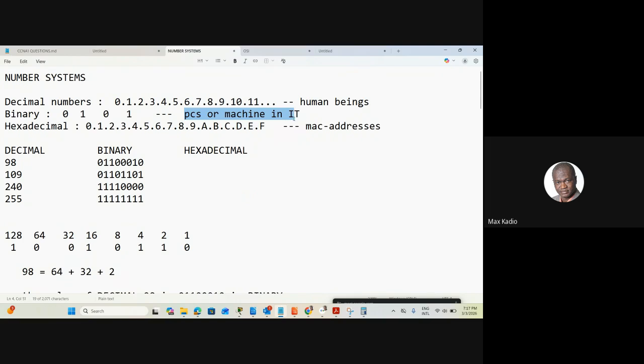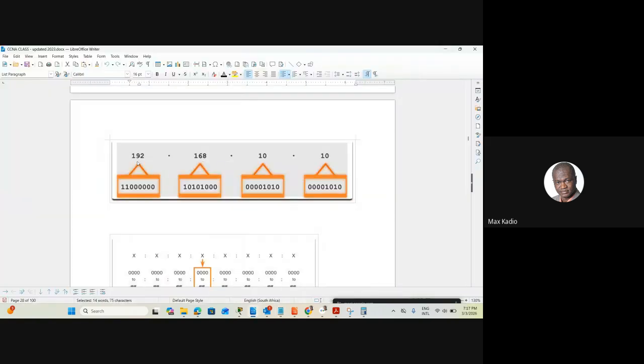That's why if you have a number, we need to convert it to binary, and when we have binary, we also need to convert it for us. That's why we do this conversion. So at a later stage, when you have an IP, we need to convert it to binary for the PCs to understand.